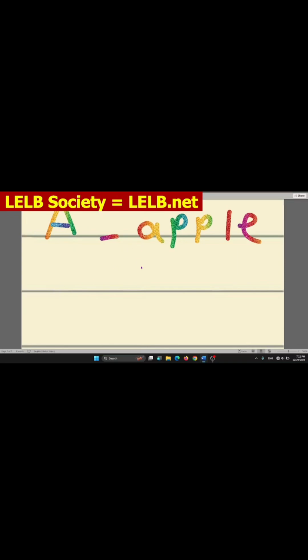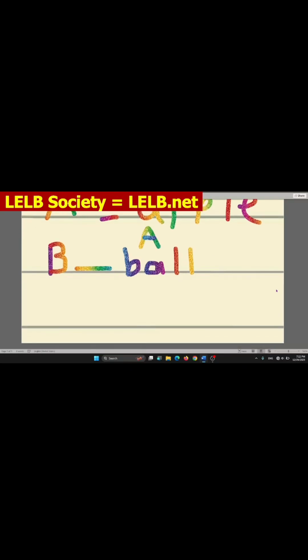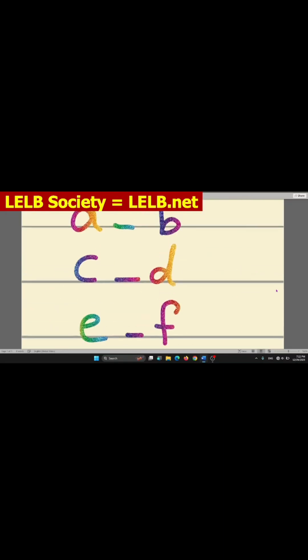Or you can also write it with capital A. Okay. What about B? Can you make a word for B? Ball. Yeah, very good. B-A-double-L. Ball. Very good, Beta.